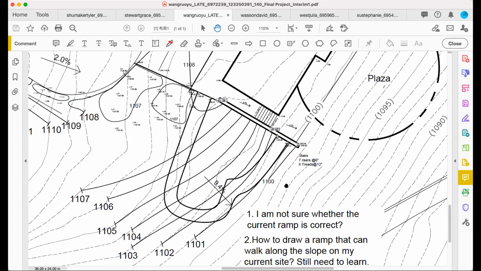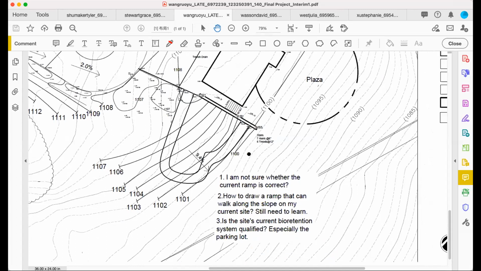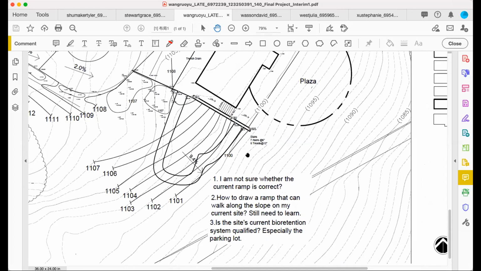So like I talked with other students, the first thing that you need to make sure of about the ramp right now is that it's long enough, right? It needs to be long enough, and it needs to have an angle with your contours. Along the ramp, I'm going down.